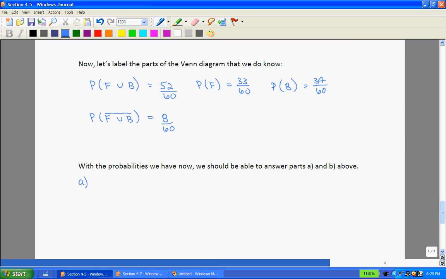So we're trying to find, for part A, the probability of F intersect B. Looking at that notation, and the information that we have, F union B, probability of F and probability of B, those are all related with a certain formula that we learned earlier. It was the addition formula.